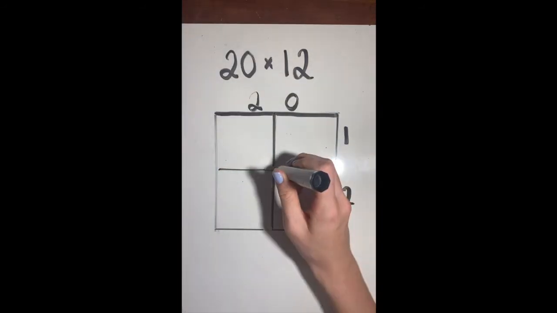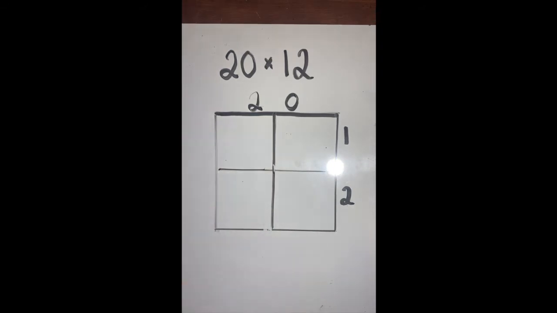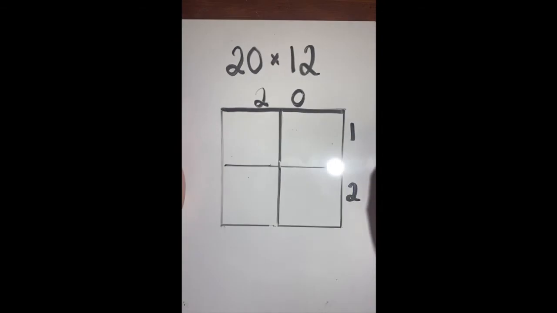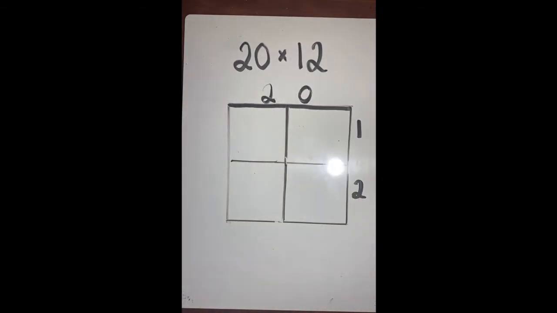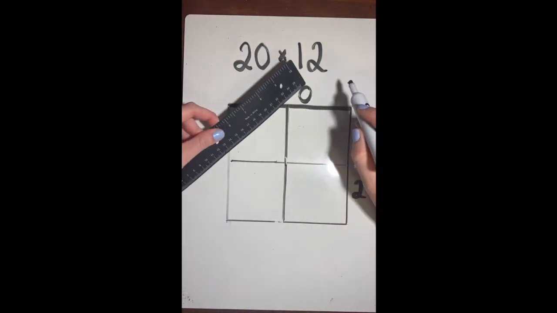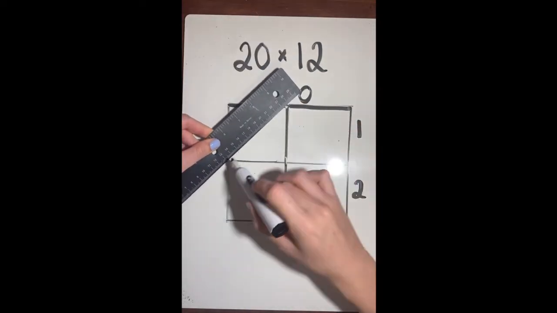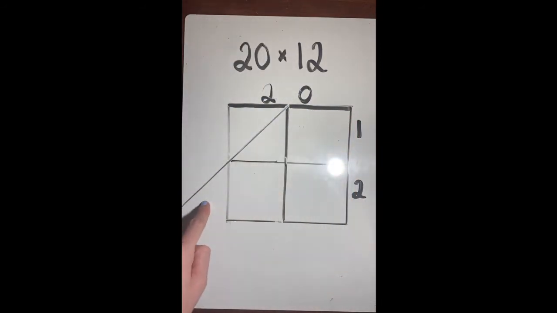Now that I've done this, I will break each box in half again by making a diagonal line from corner to corner. I'll show you what I mean. We take our ruler and align it from the top corner to the bottom of the box, draw a line and extend it out.